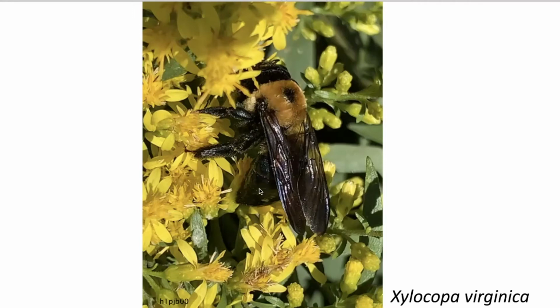You can also see it has the shiny thorax here, and then the hairy legs. The hairy legs really point to it not being Bombus, because bumblebees have a pollen basket instead of hairy legs. That should immediately split you off from bumblebees in that big first split of the key, because it doesn't have a pollen basket.